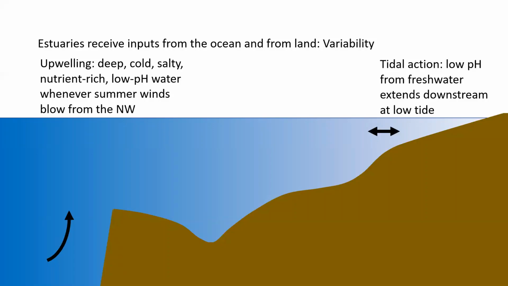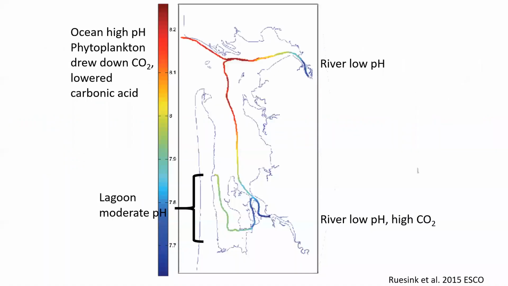And I'm going to focus here on pH because this was a part of a project that we were doing to try to understand the pH conditions that oysters were experiencing at different parts of the bay. Okay, so near the ocean, long time variability, mostly from upwelling, that's the idea. And near the river, short time variability, mostly from water level going up and down associated with the tides.